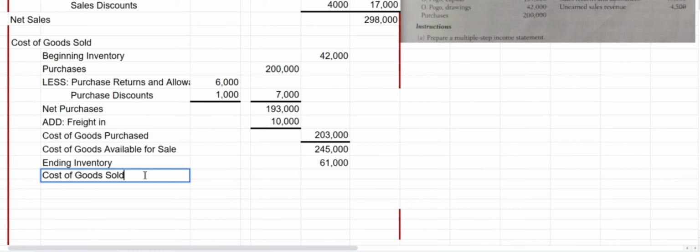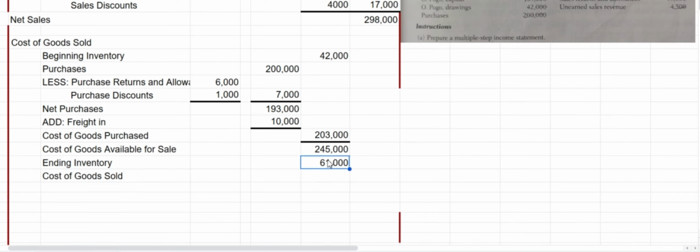You take the cost of goods that are available to be sold, and then you minus the ending inventory. And this number is all the goods that have been sold. It's kind of logical, so you just need to think about it logically. If you have all the goods that are available to be sold, and then you have the ending inventory, the difference is the cost of goods that are sold.